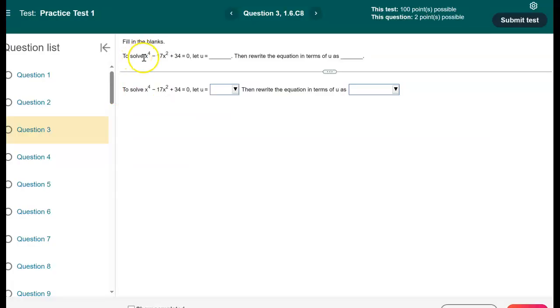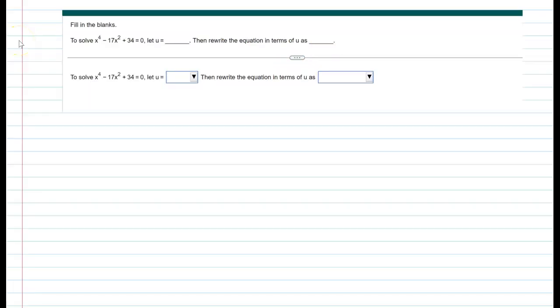Fill in the blanks. To solve for x to the 4th minus 17x squared plus 34 equal to 0, let u be equal to blank, and then write the equation in terms of u as. So now let's think about what our u would be so that this equation becomes a quadratic expression.